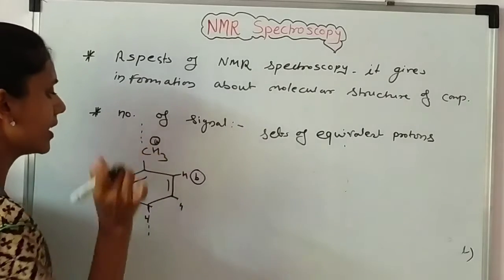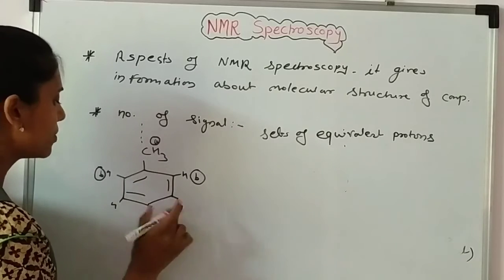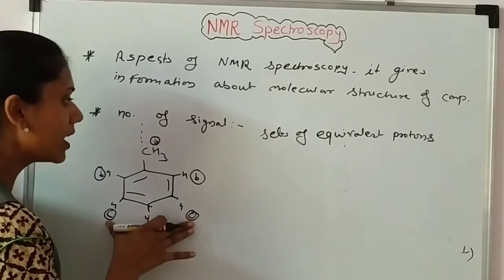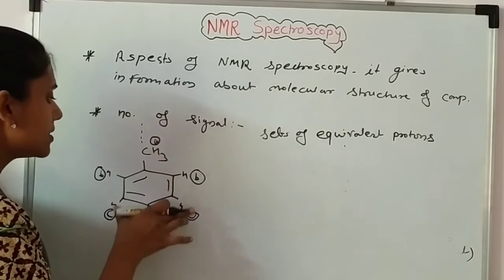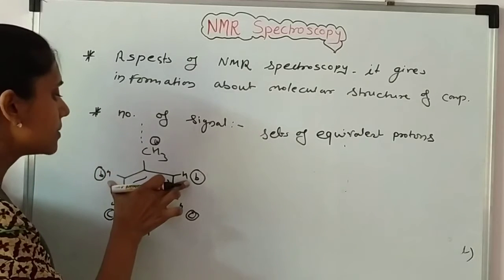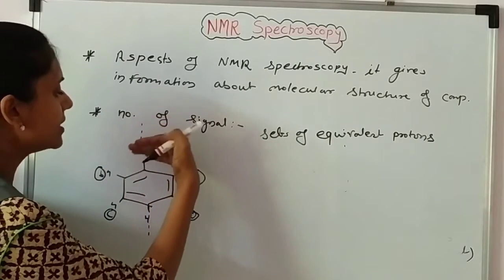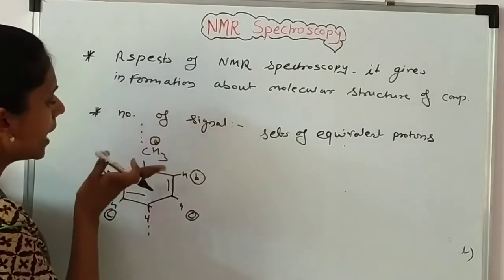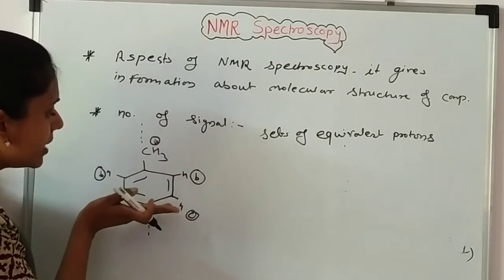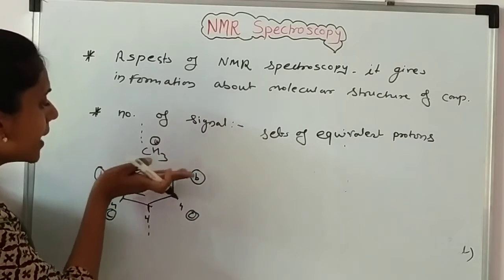These 2 protons again have a different environment. But this proton and this proton again have a different environment, or these 2 protons are equivalent protons. This B and C are not equivalent protons, since these 2 protons are attached on this side. We see there is a CH3 group, and on this side there is a CH bond. When we see these 2 protons, on this side there is CH and on this side there is CH2.